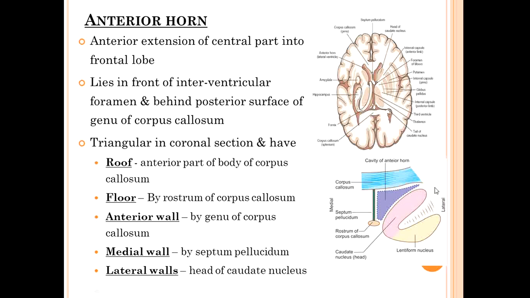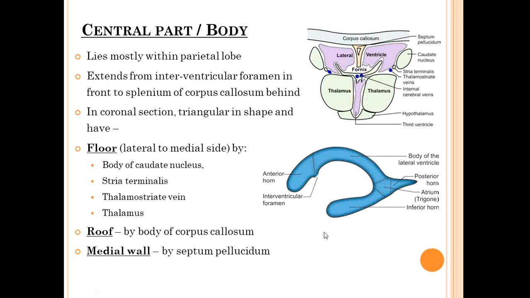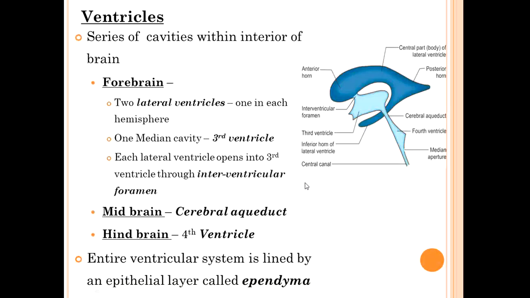So here is the lateral wall, this is the medial wall, this is the roof. The anterior wall will be here, and this will be the floor. I will show you this diagram again.